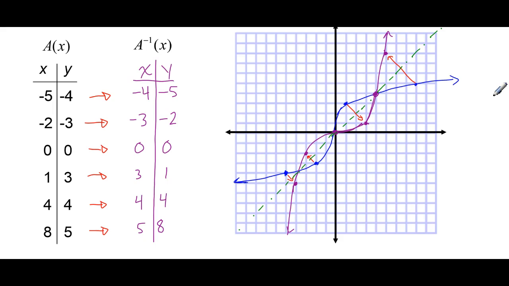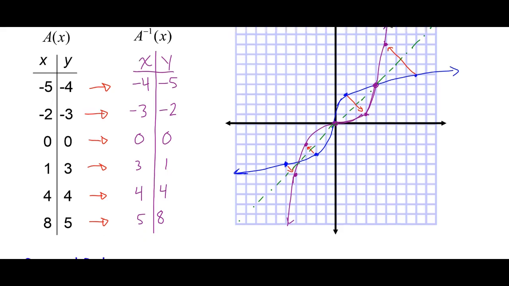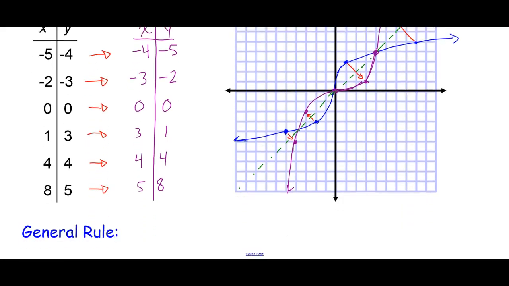So this is a much better picture for understanding how a graph and the inverse graph are related to each other. They're mirror images. So the general rule to draw out of this is that a graph and its inverse graph are mirror images across that diagonal line.